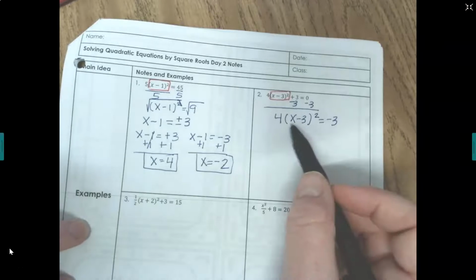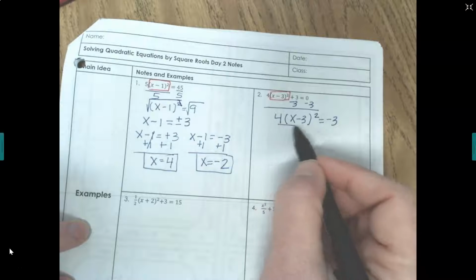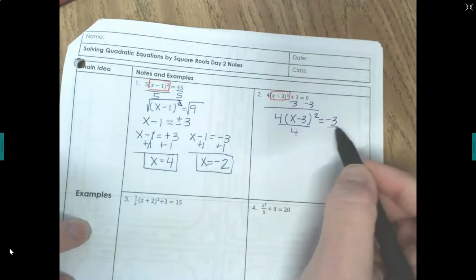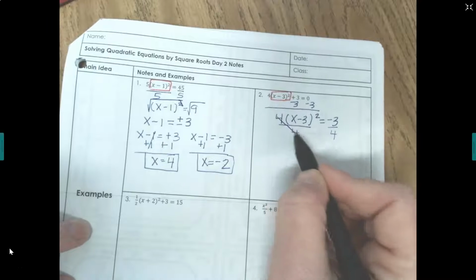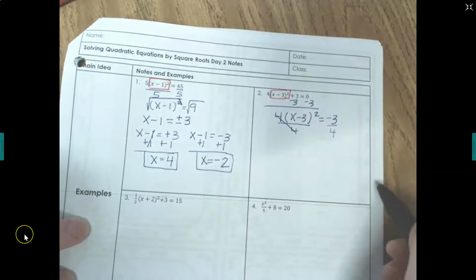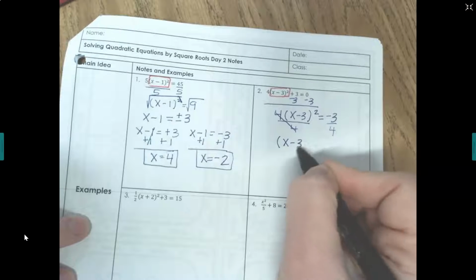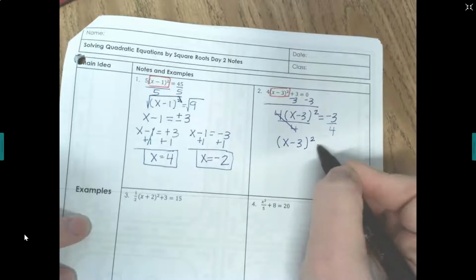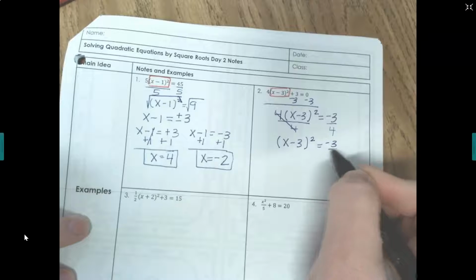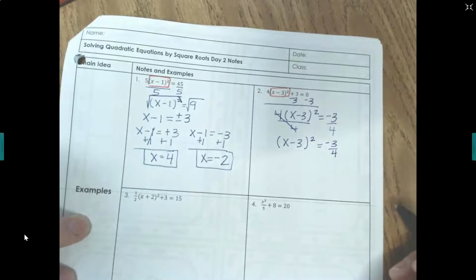Then we're still trying to get this squared term alone, so we'll divide both sides by 4 so we can get this 4 to cancel out. That's going to get us our term by itself like we wanted. x minus 3 squared equals negative 3 over 4.